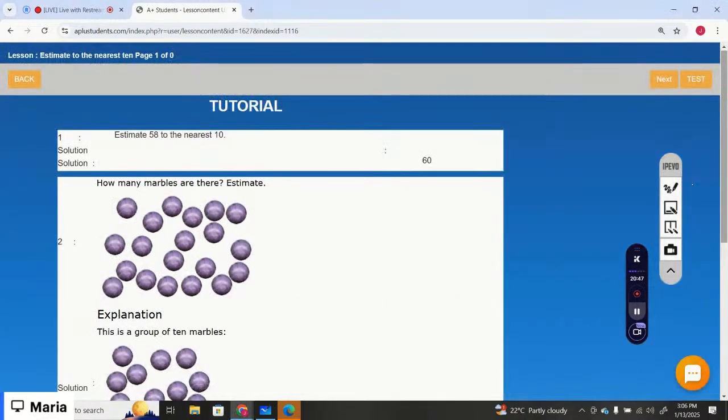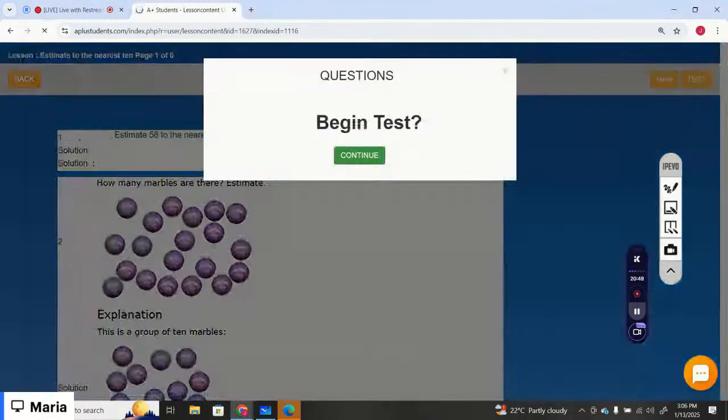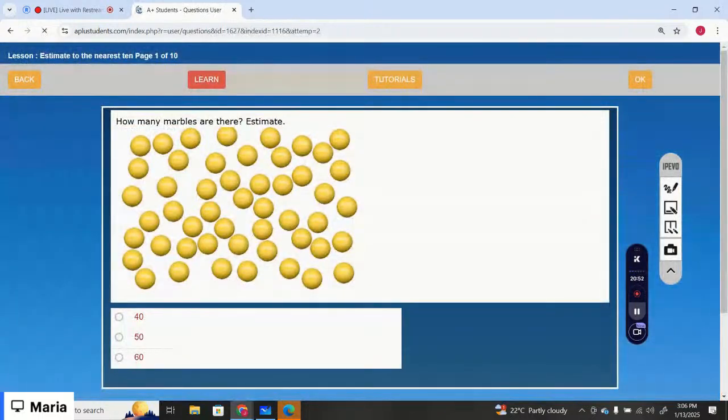Let's just start with the test questions. How many marbles are there? 40, 50, and 60.